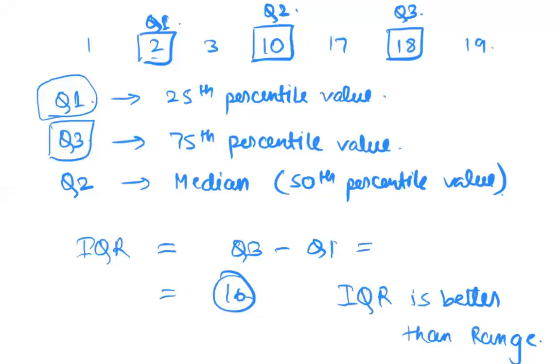Absolutely. When we use range as a measure, what do we pick? We pick the minimum value and we pick the maximum value. If you get outliers in the data, those outliers will be on these two sides, the fringes of the population, which means that when you compute the range, it will use those outlier values.